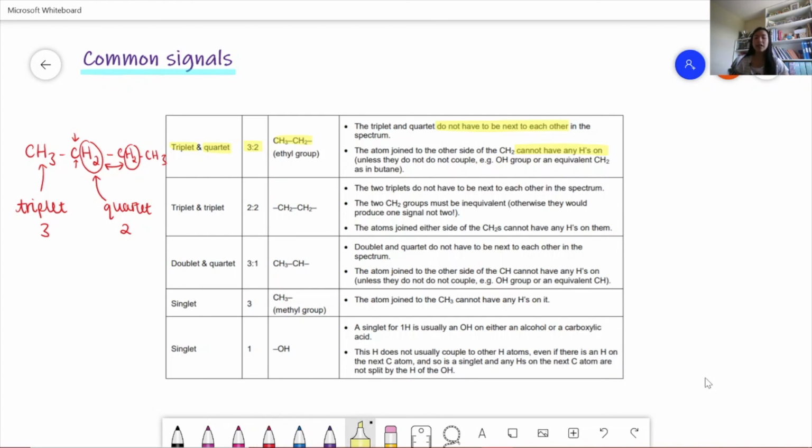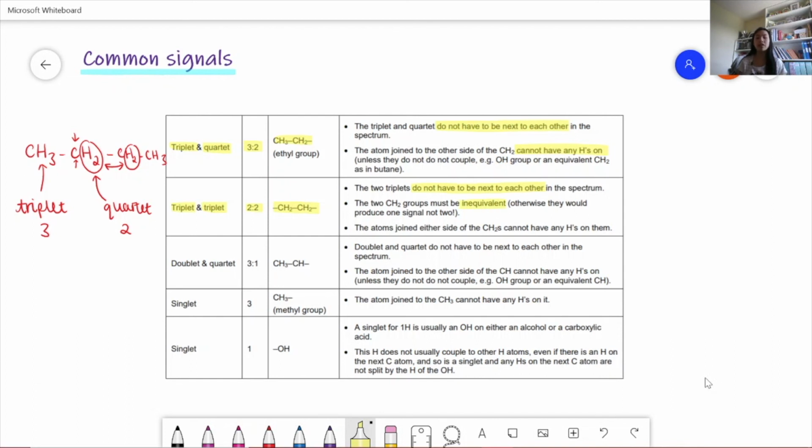And secondly, we're going to look at the CH2-CH2 group. So this will form a triplet and a triplet in a relative intensity ratio of 2 to 2. And the rules are that these two triplets do not have to be next to each other, and the two CH2 groups must be inequivalent.